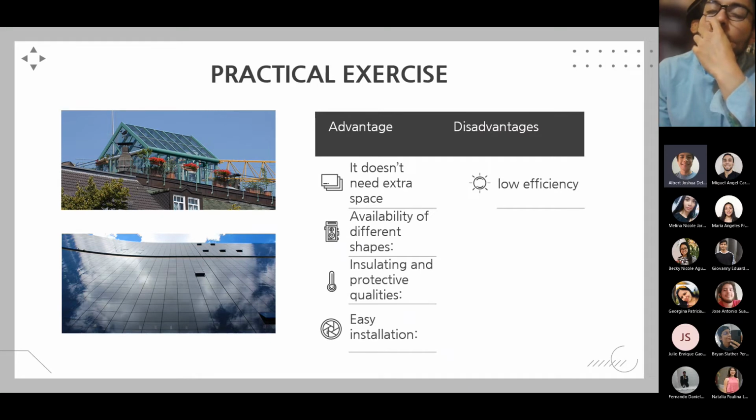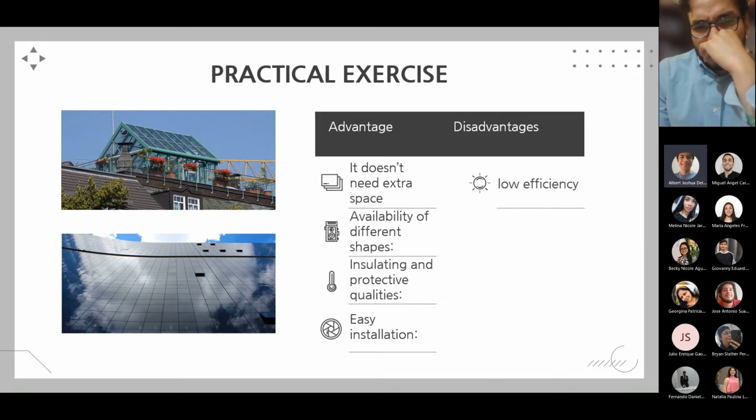It doesn't need a space because they adapt to different spaces, and it is available in different shapes. Photovoltaic windows have different sizes, shapes, measurements, colors, transparencies, and more. This favors customization and adaptability.